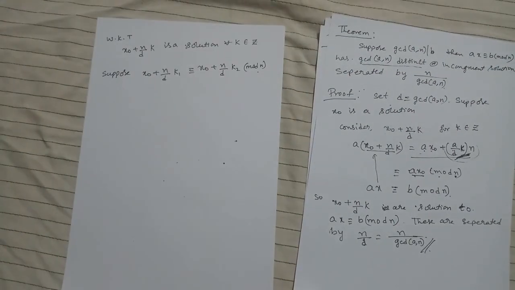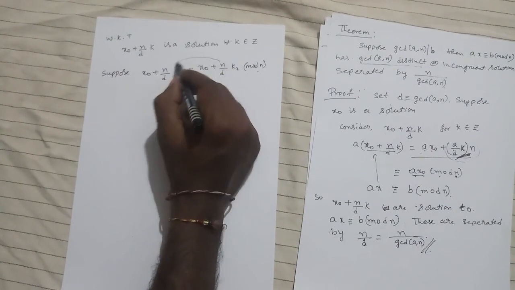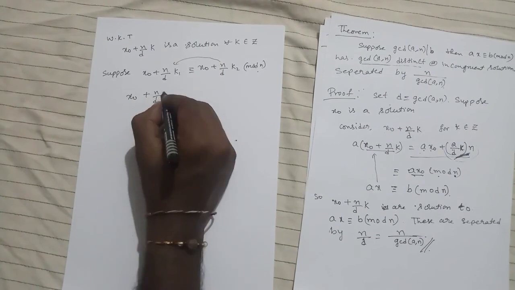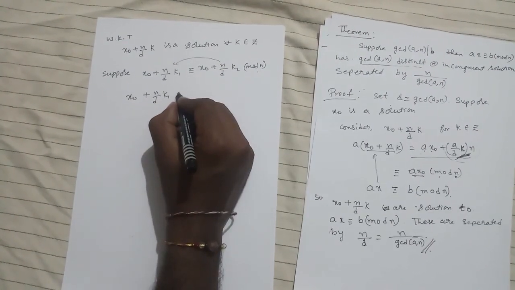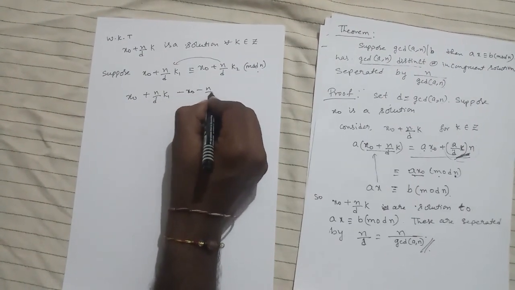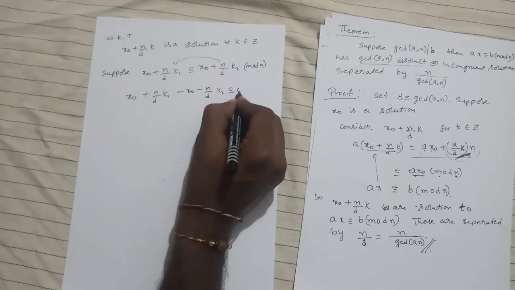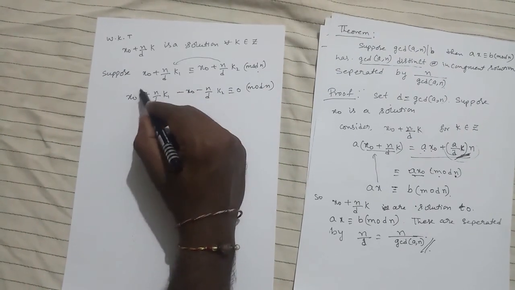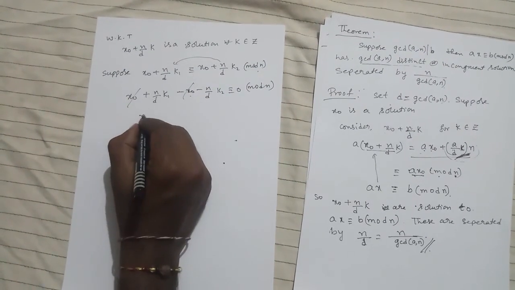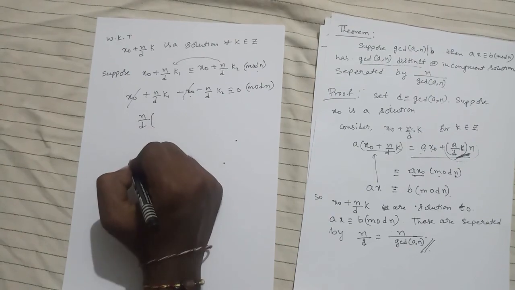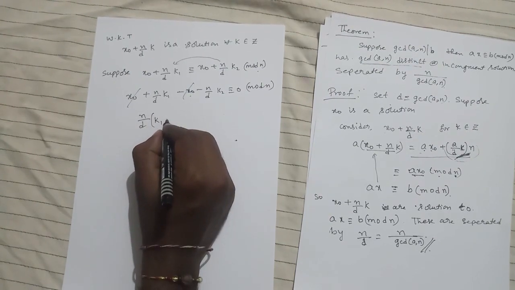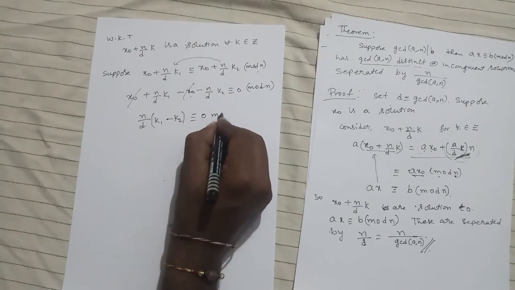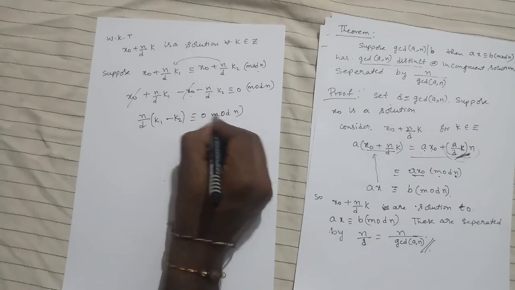So I take this one to the left hand side: x naught plus n divides d into k1 minus x naught minus n divides d into k2 is congruent to 0 mod n. Here x naught gets cancelled. I take n divides d common, so what do you get, k1 minus k2 is congruent to 0 mod n.